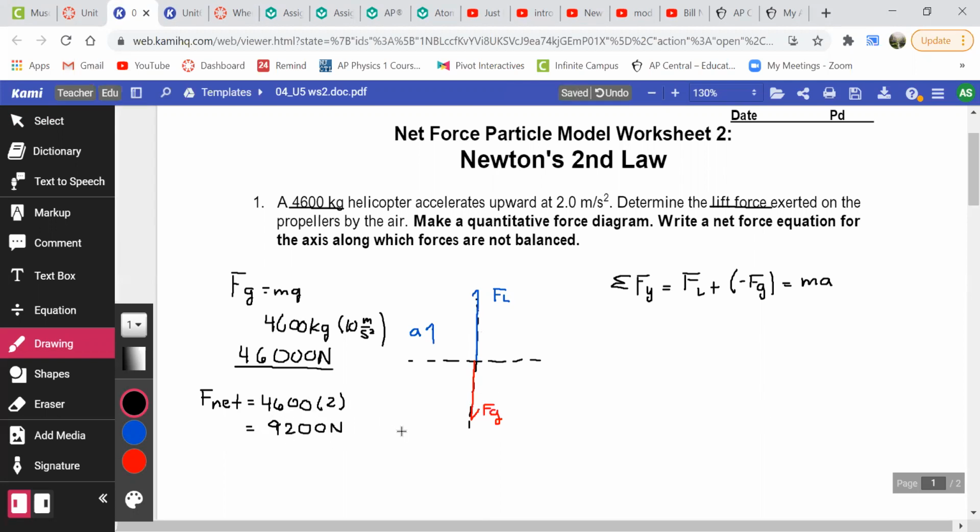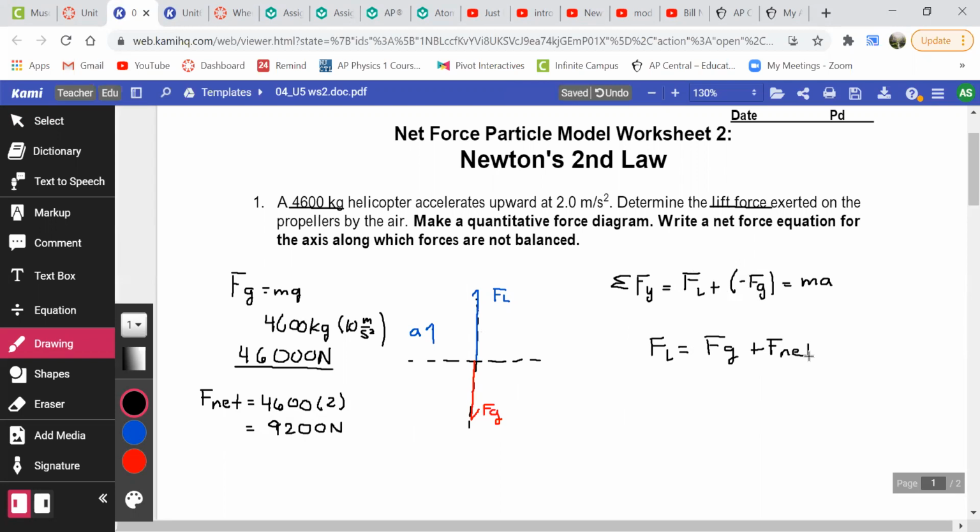So we plug these values in and we find that the force of lift is equal to, how do I get rid of gravity here? Well, if I'm adding a negative, technically subtracting, so I would just add the gravity over to the other side. So the force of lift is equal to the force of gravity plus that net force.